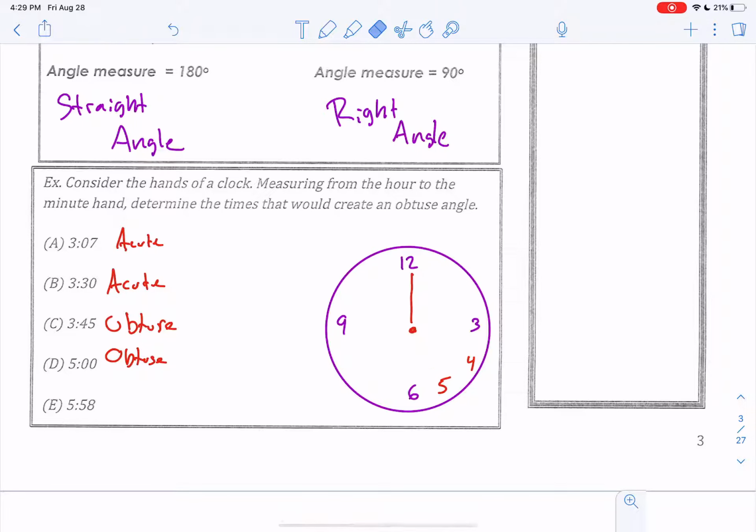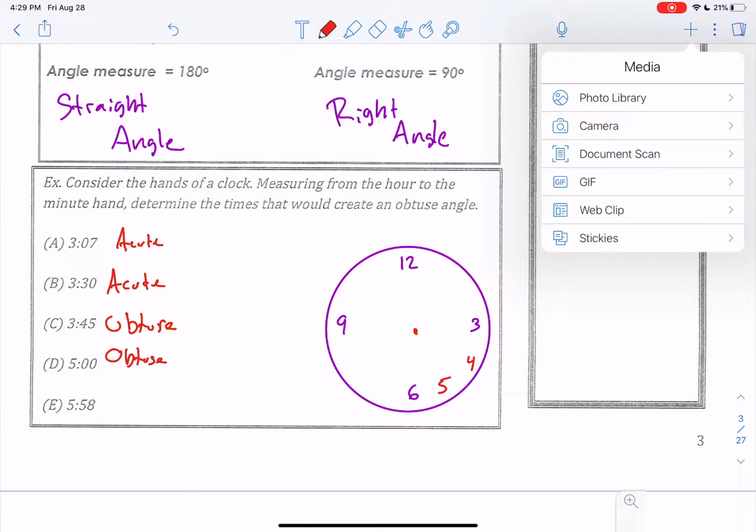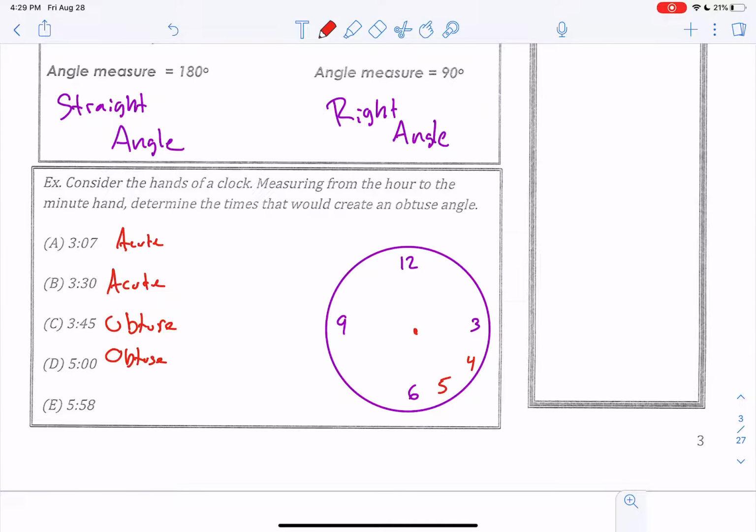And then last but not least, we're going to do 5:58. At 5:58, the hour hand is going to be pointing almost at the 12 with the minute hand right down here almost at that 6. So again, this is going to be another obtuse angle.